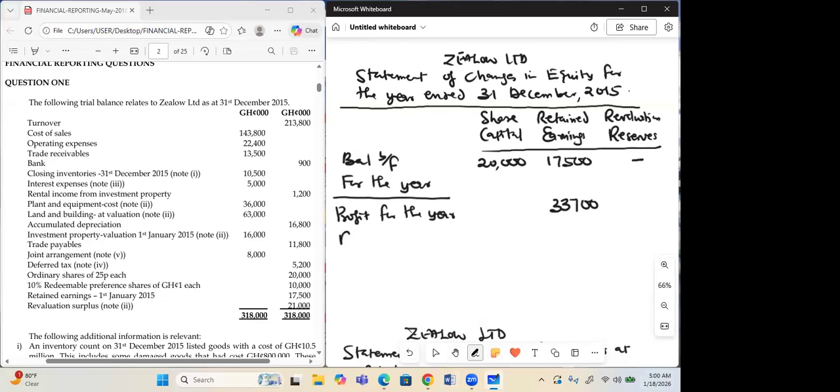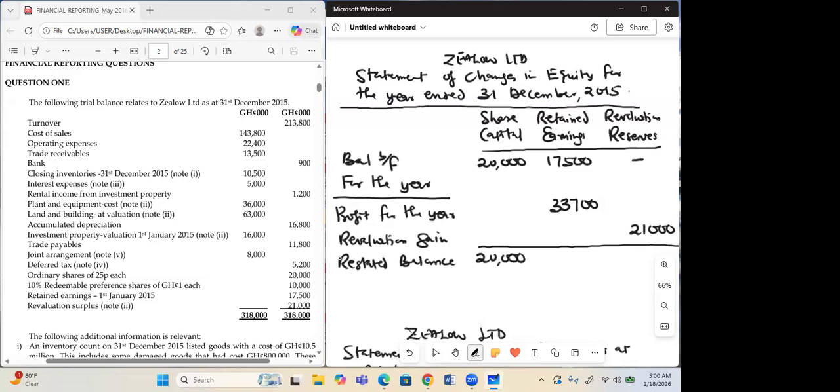Then there was a revaluation gain. Where will it go to? The revaluation reserves. Very good. The revaluation gain, 21,000, will now go to revaluation reserves. When you have done all this, you sum all. When you sum all, this will give you the restated balance. So what are the restated balances? 20,000.